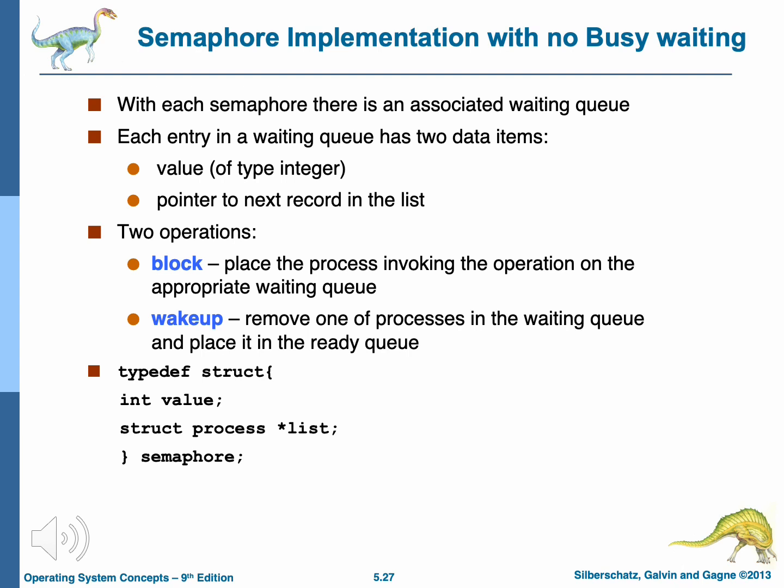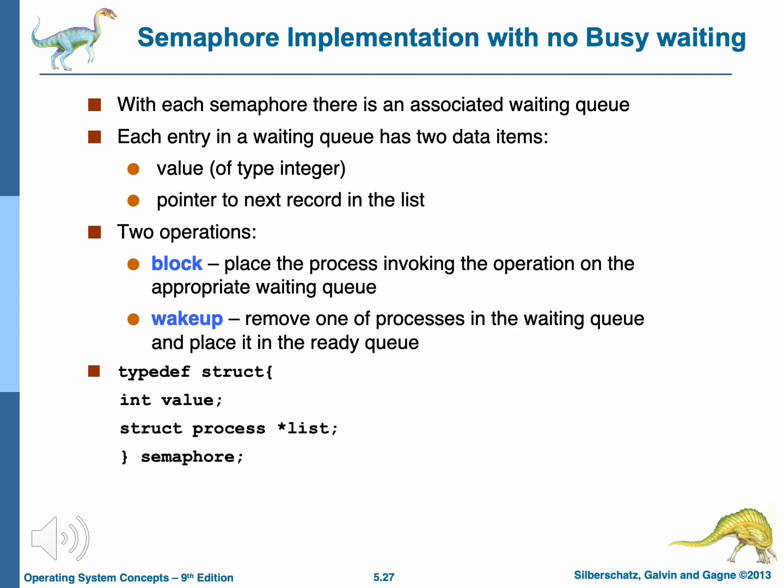The process is then placed in the ready queue. The CPU may or may not be switched from the running process to the newly ready process, depending on the CPU scheduling algorithm. To implement semaphores under this definition, we define a semaphore as given here.